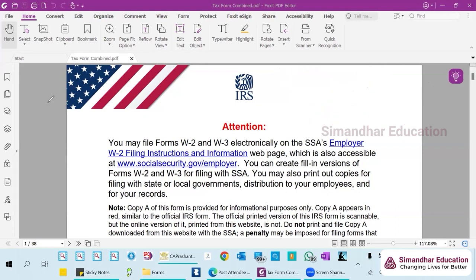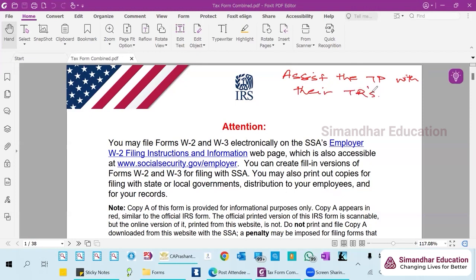Okay. Now, at the end of the day, what does the taxpayer need? Why are we learning all of these? We are learning all of this so that we can assist the taxpayer with their tax returns, right?